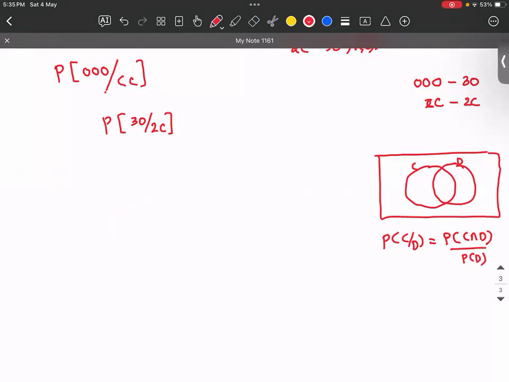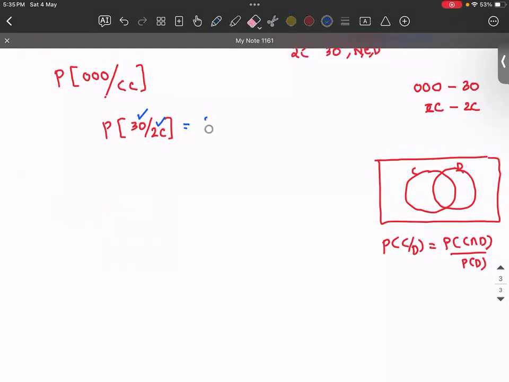So here, in place of C, we have 3O, and in place of D, we have 2C. So the probability of 3O given 2C is the probability of 3O intersection 2C divided by the probability of getting 2C.